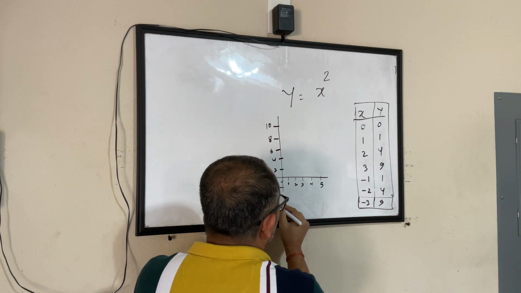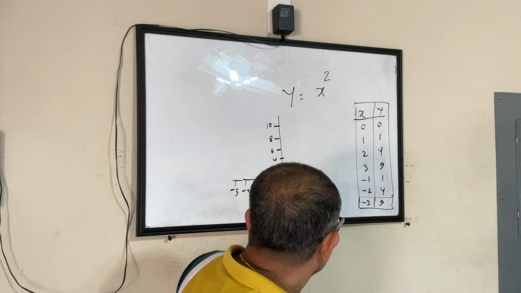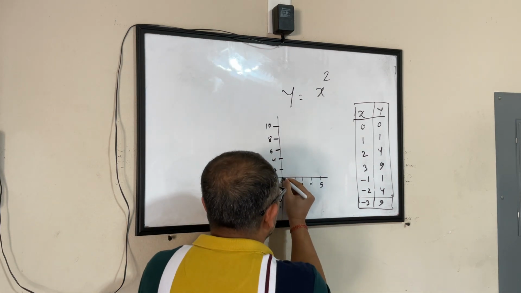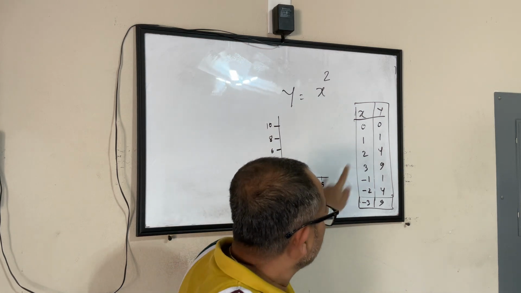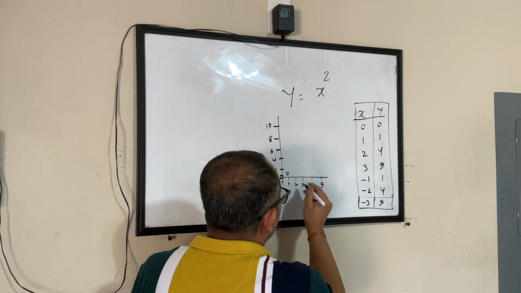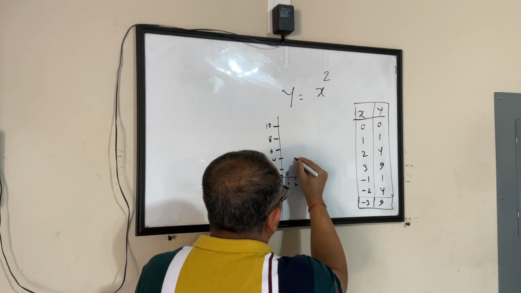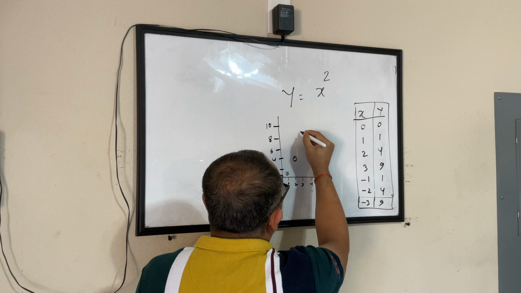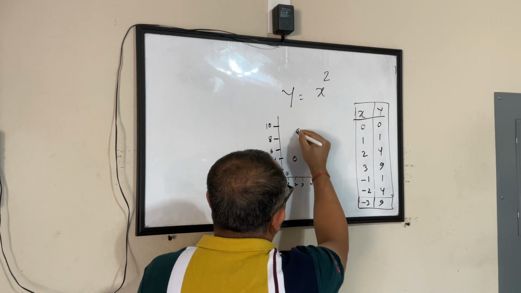Here minus 2, minus 4, and so forth. Now 0 and 0, this is 1 point. 1 and 1, this is the second point. 2 and 4, this is my third point. 3 and 9 is my fourth point here.